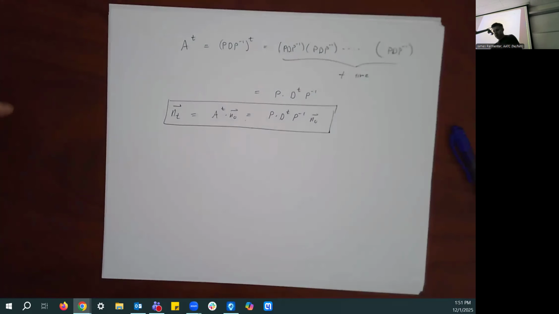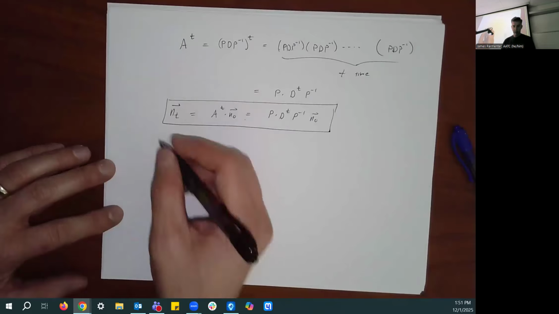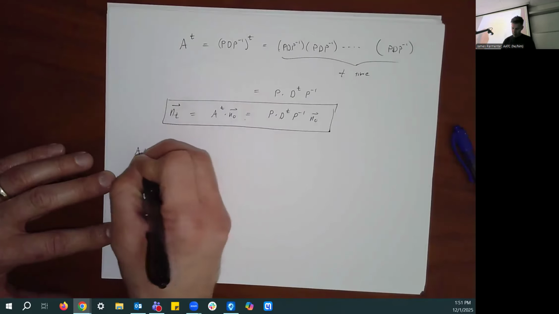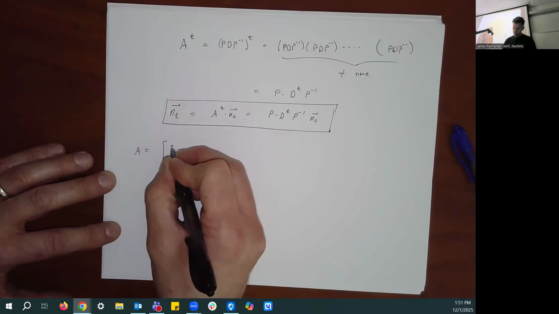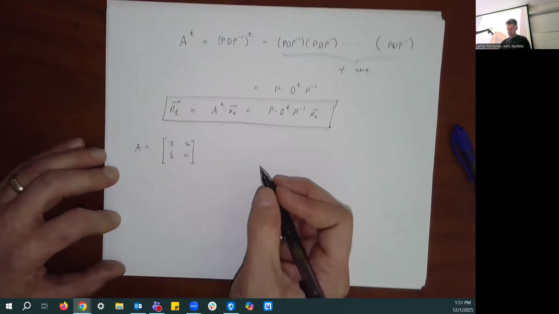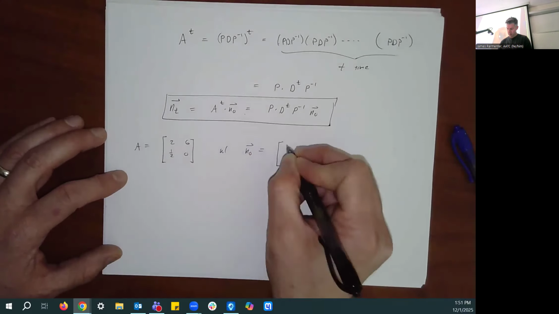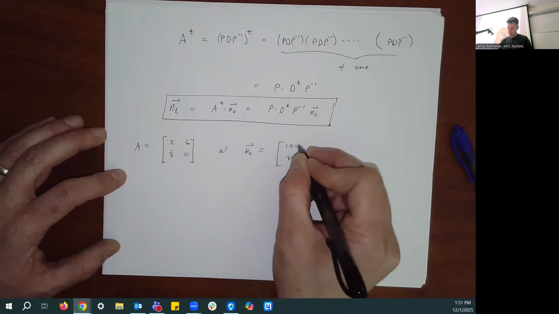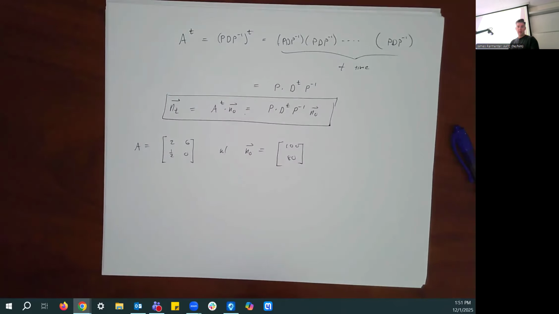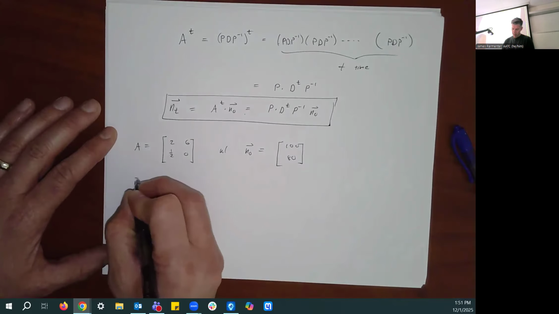So back to our previous example. We had our matrix was 2, 6, 1/2, 0. I know I just started calling it A, we'll live. And we had n naught equal to 180. And we wanted to find n30, right?